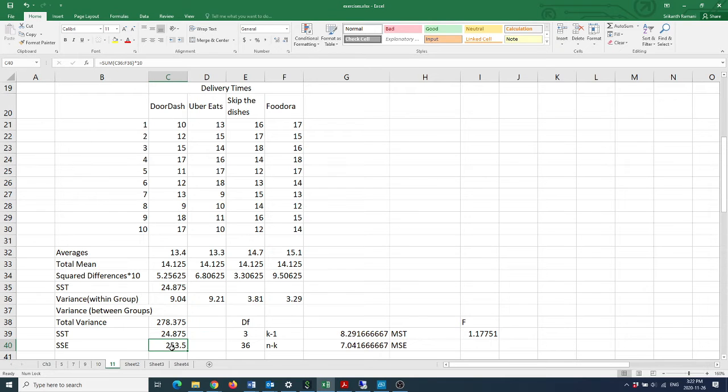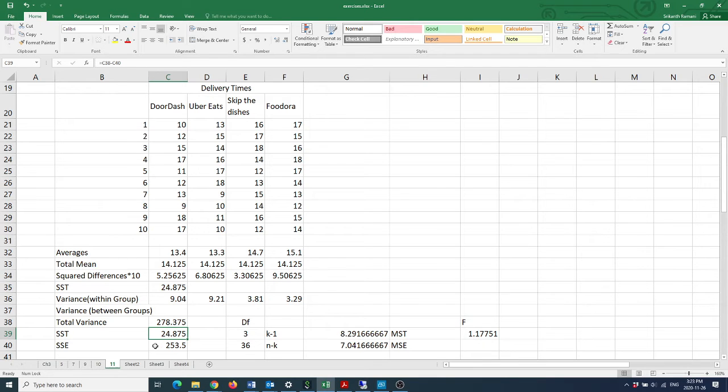The sum of the squares of the errors is going to be the sum of all these values. But since there are 10 observations in each group, we multiply them by 10. Ideally, you'd multiply each value by 10 and then add them all together, but since they are all the same 10 observations for each sample, we can just multiply them by 10 in a common step.